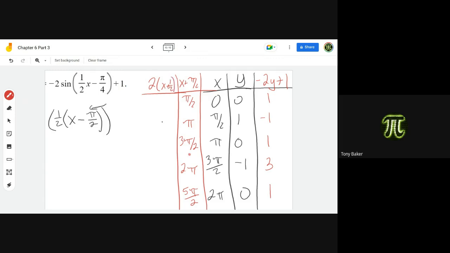So it's 2 times whatever's over here. So 2 times pi over 2 is? Pi. 2 pi, 3 pi, 4 pi, and then 5 pi.